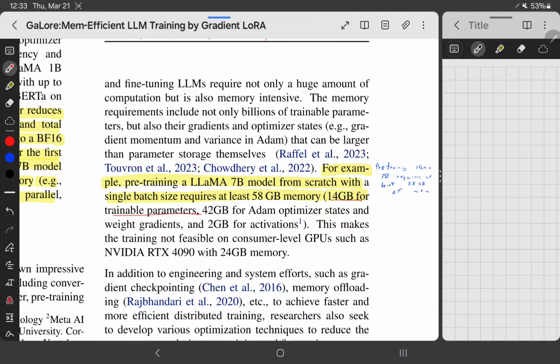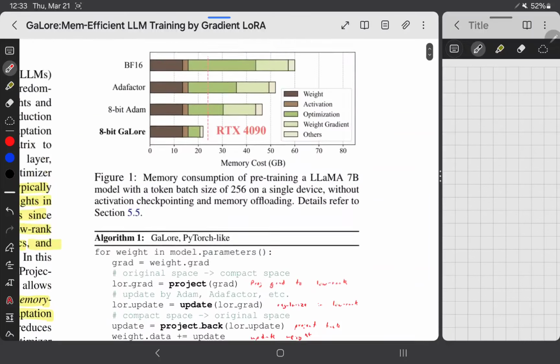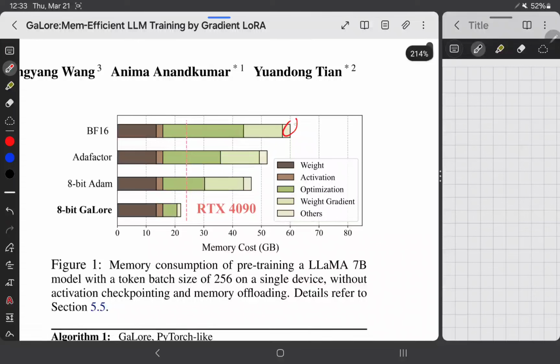And here it's 42 gigabytes for the Adam optimizer. So you need to store your moments for the Adam optimizer, and then 2 gigabytes for the activations. So quite a bit for BF16. Adafactor is a method to reduce that, and 8-bit reduces it even more.